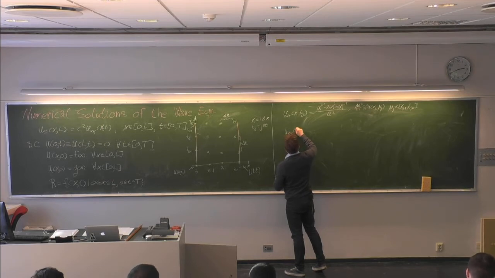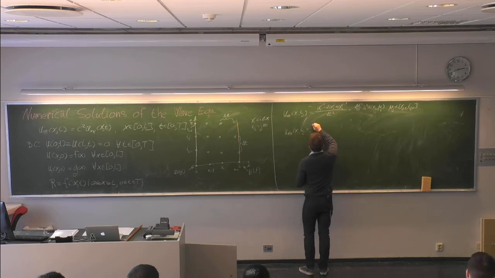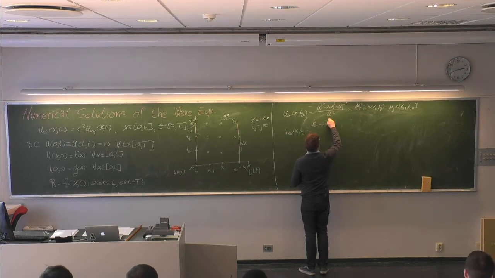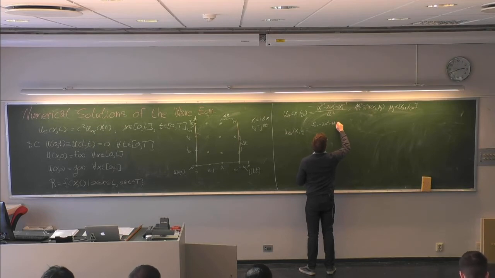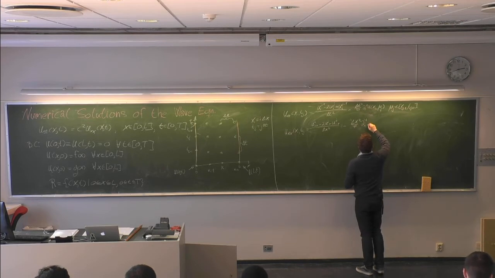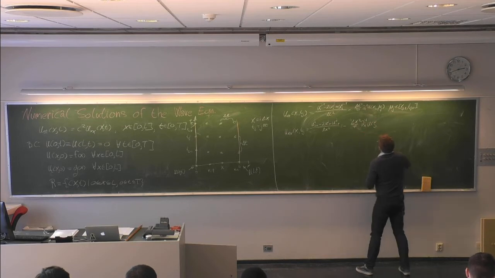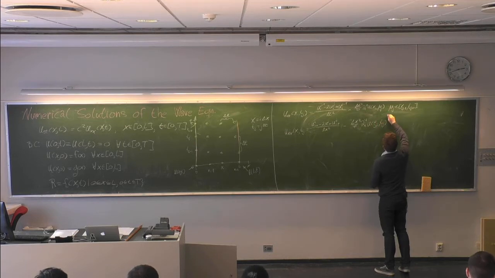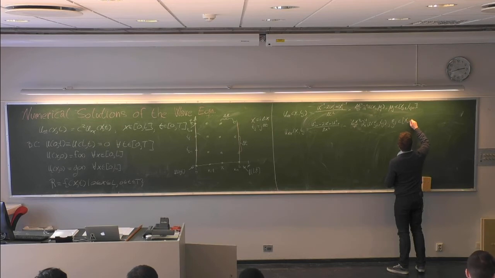And then in a very similar fashion, we have the second spatial derivative at x_i, t_j: u_{i+1,j} minus 2u_{i,j} plus u_{i-1,j}, divided by delta x squared, minus delta x squared over 4 factorial times d_x^4 of u at chi_i, at t_j, and chi_i is, well, I guess you've guessed it, like so.